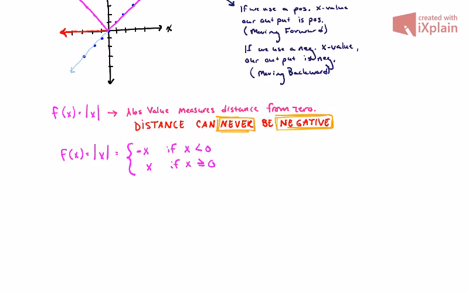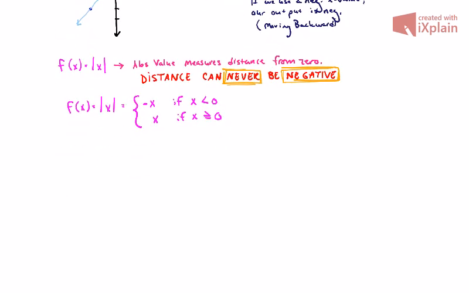To demo this, give myself a little bit more space. Say we want to use x is equal to negative 4. So that means that if we do f of negative 4, I'm going to have to refer to this first piece here, because negative 4 is less than 0.